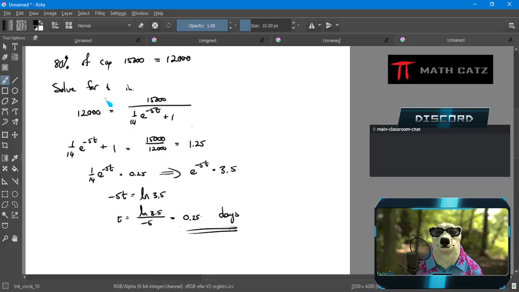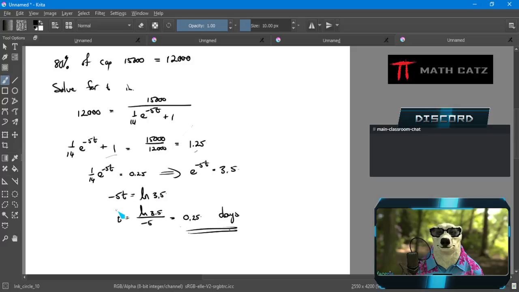So then I move this to the top of the left, 12,000 comes to the bottom, 15 over 12 is 1.25. Then I subtract 1 on both sides to get 0.25. Then I multiply both sides by 14, which would be 3.5. Then I take the log on both sides.